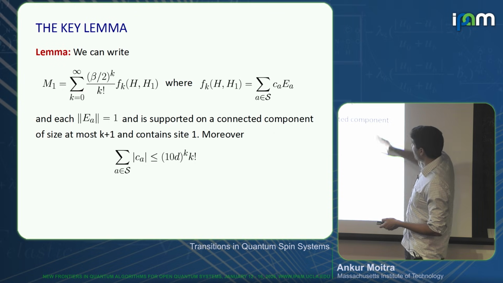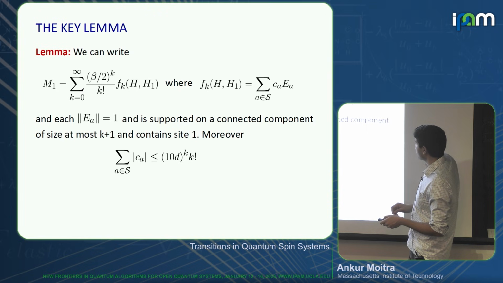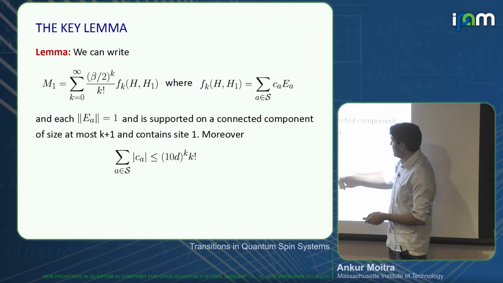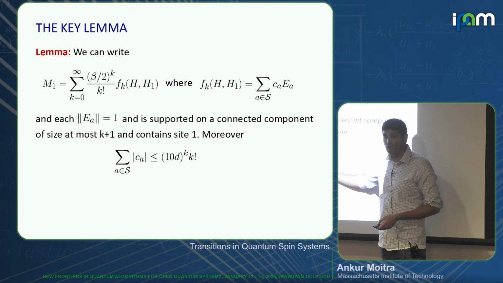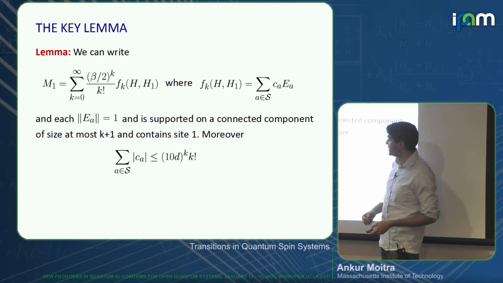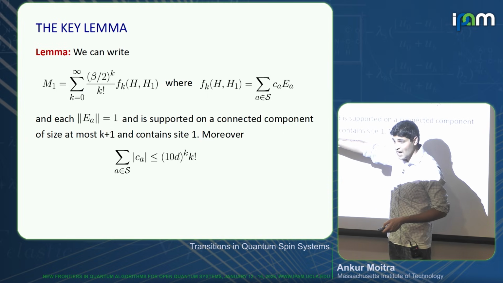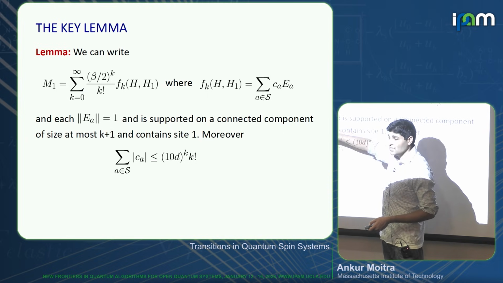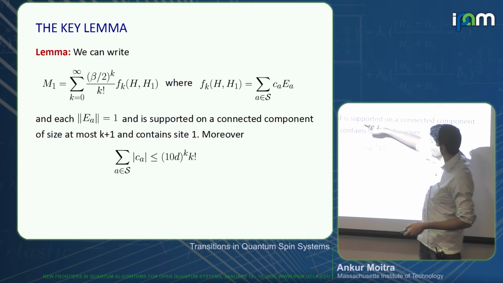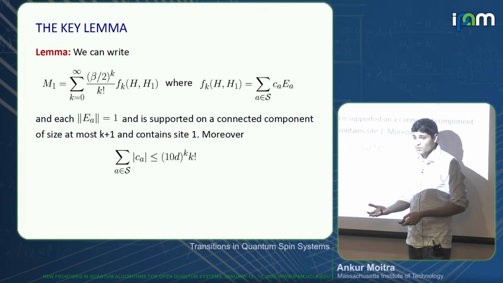So what you want is the property that each of these A_i's are normalized, so their operator norm is 1 because they're tensors of Paulis. They're supported on connected components of size at most k plus 1. And that you can bound the total mass of all of the coefficients. If you've seen cluster expansions, this is the same basic principle at play. I want some sort of expansion of this extraction operator that doesn't tell me it's literally local, but it tells me it's quasi-local because the amount that it has this degree k term is attenuating, at least at high temperature.